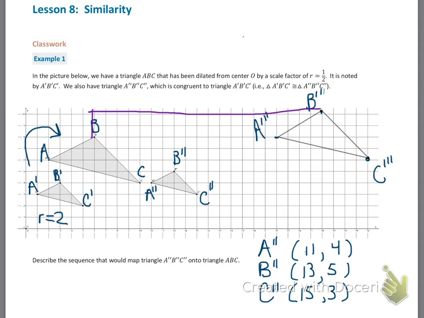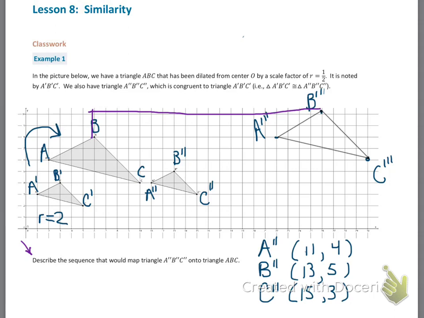So let's summarize what our sequence is here. We were told right down here, describe the sequence that would map triangle A double prime, B double prime, C double prime onto ABC.